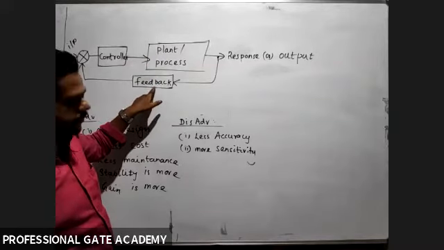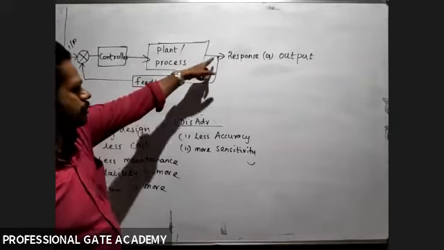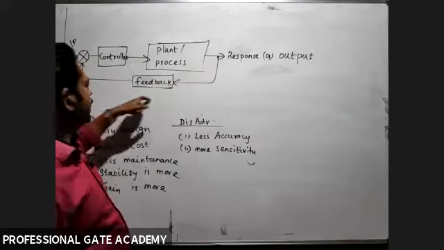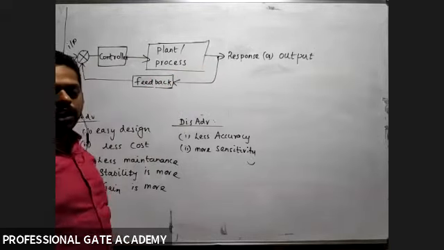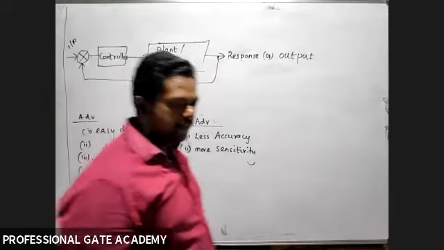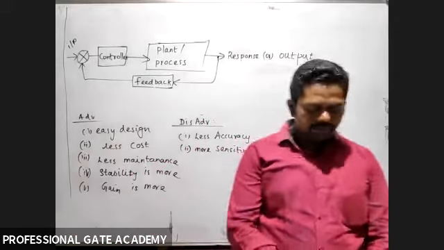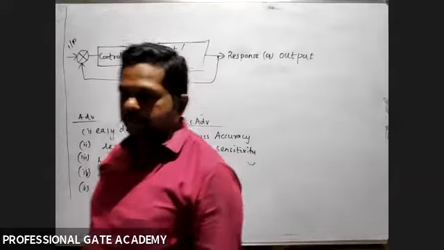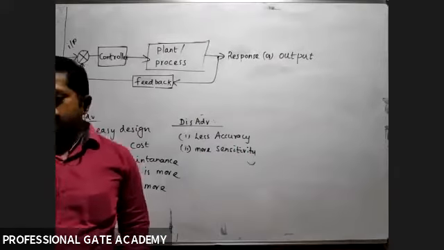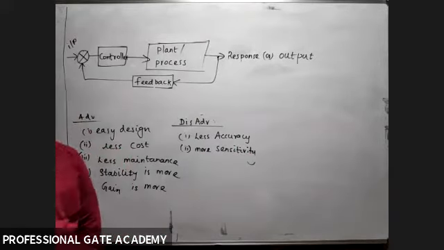Feedback. Okay, what is feedback? Output or part of the output connected back to the input. Please write the definition of feedback: output or part of the output connected back to the input.